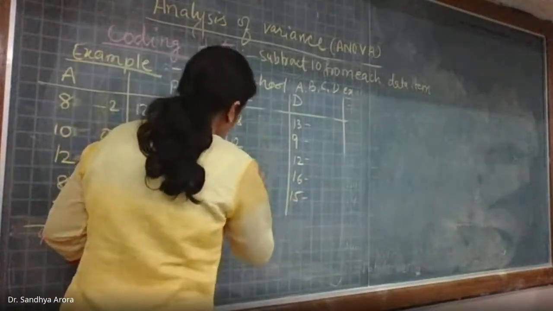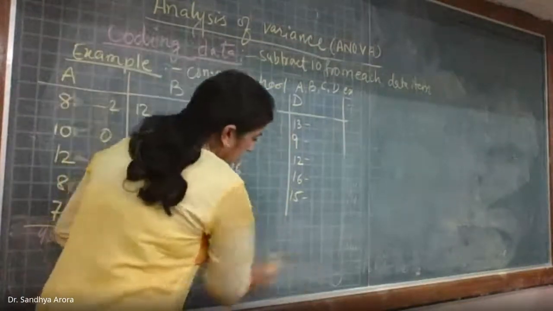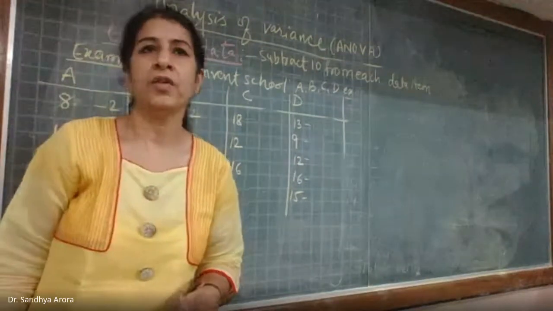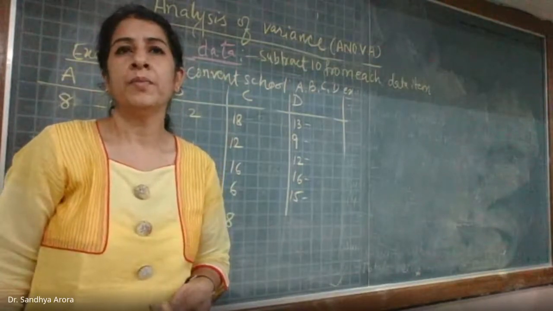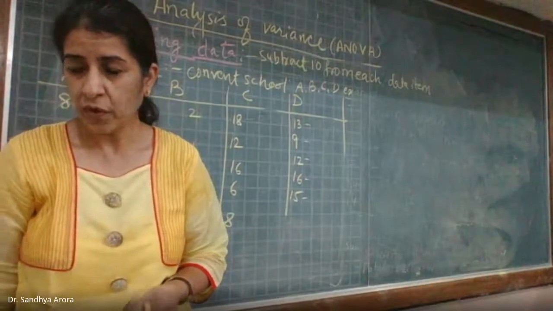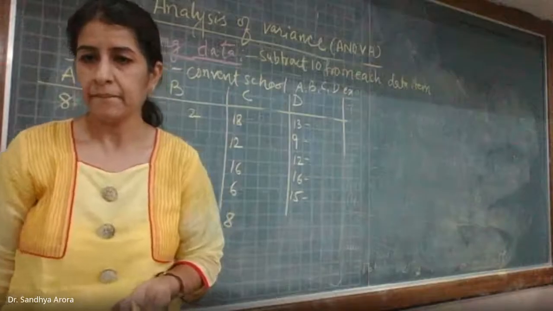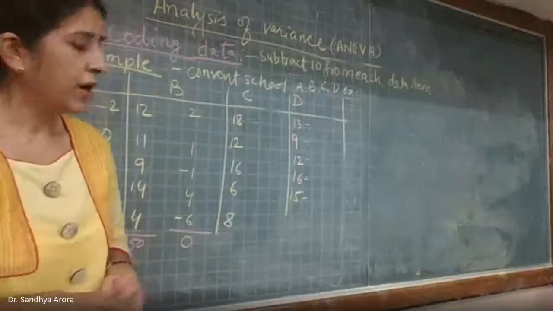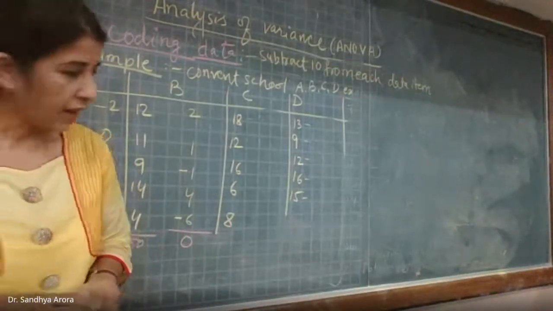I'm just asking a simple question. What is the sum of deviation of data items from the mean? It is 0. And do you know what is meant by normal distribution? I think we talked about this.